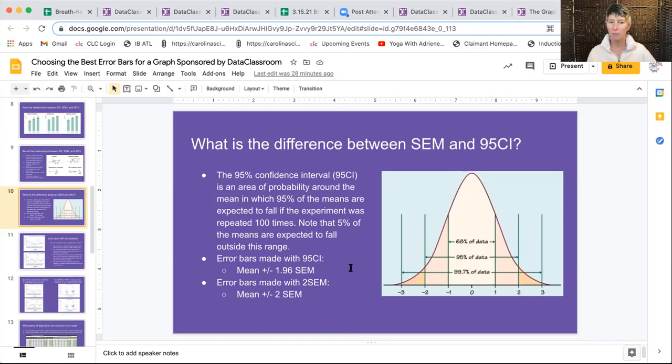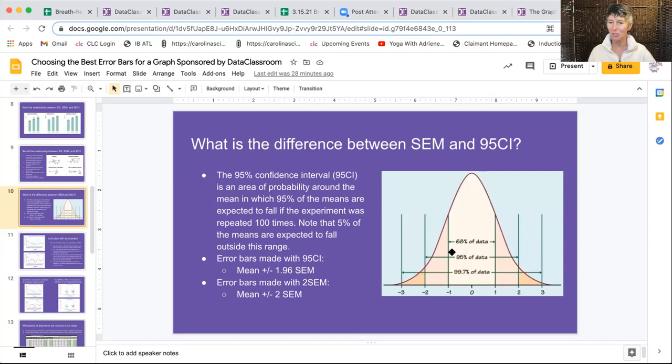So the standard error of the mean and the 95% confidence interval are almost like 2 sides of the same coin. The 95% confidence interval is the probability upon repeated experiments that the mean will fall within a certain range. If you were to collect data multiple times, repeating the same sample number through a population, the mean will move around, a little above, a little below what was seen before, until you get a normal distribution curve.